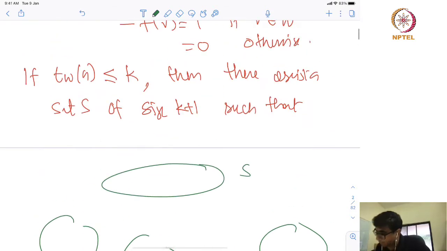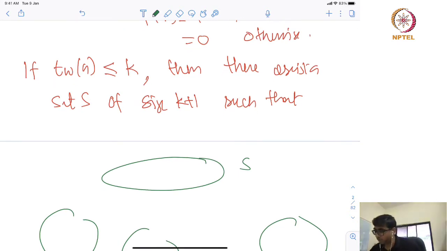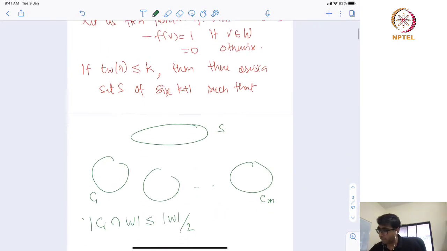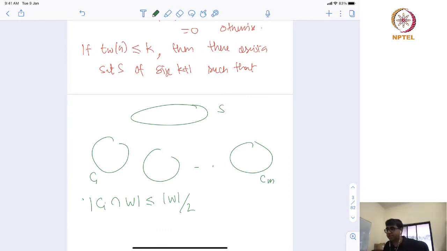So, if G has tree width at most k, you can find a set S of size at most k plus 1 such that if I delete it, every connected component of G minus S contains at most half the vertices of W.